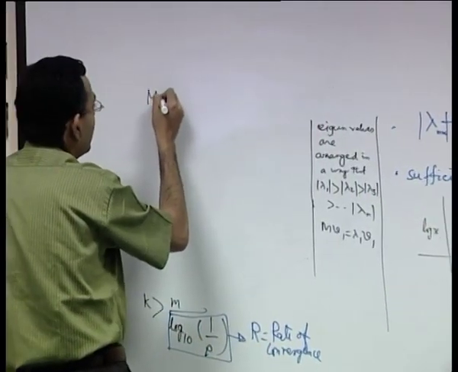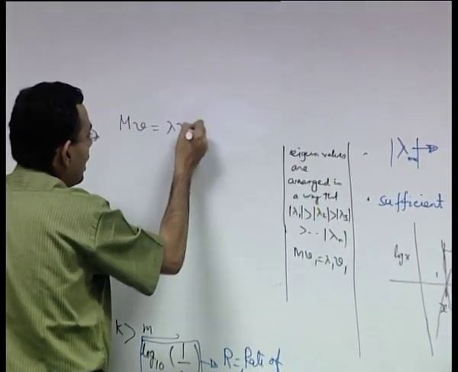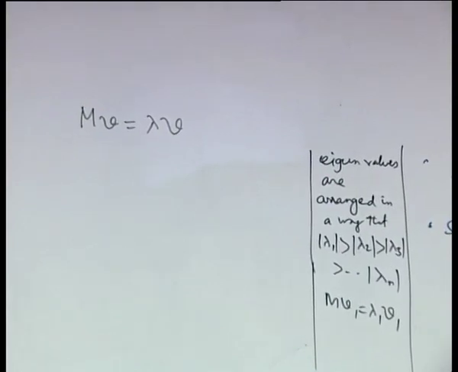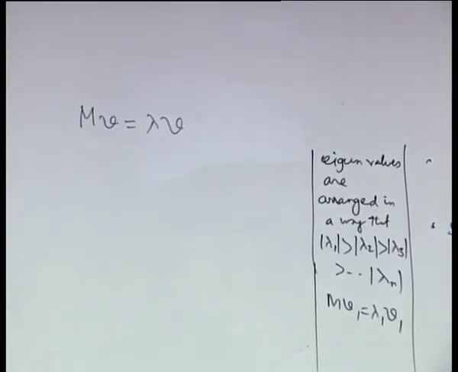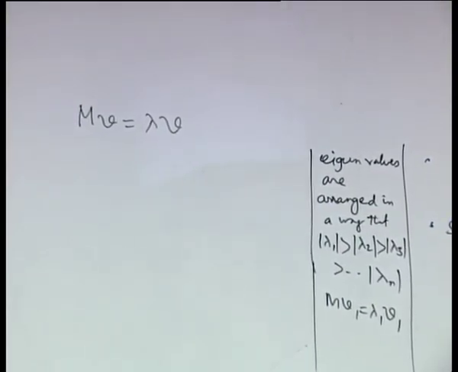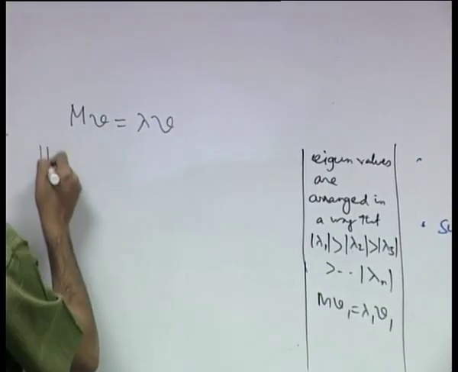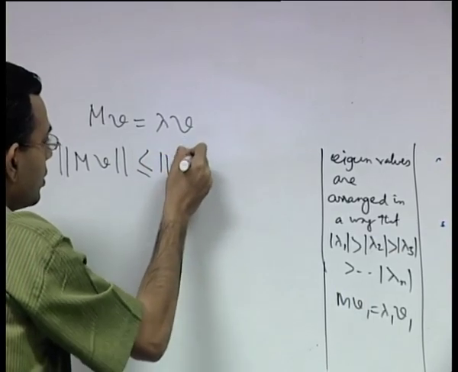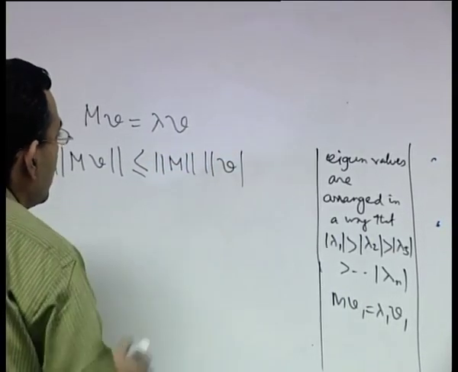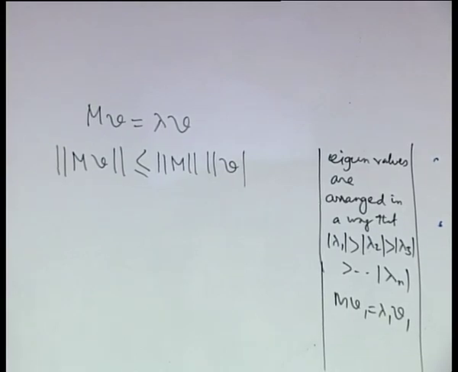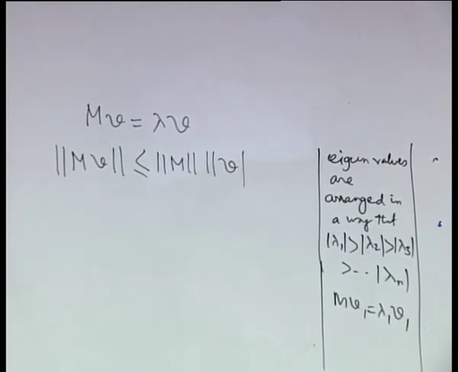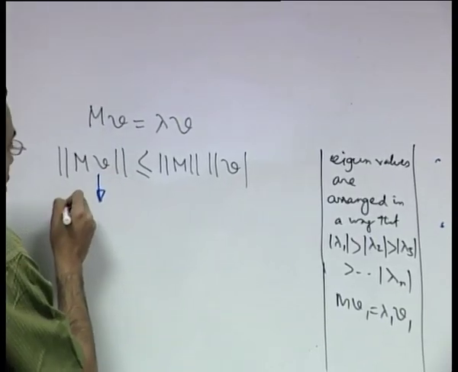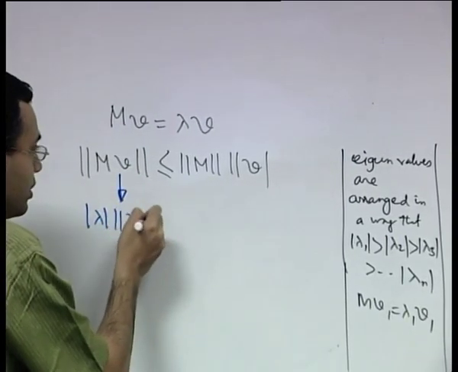So, remember that Mv is equal to lambda v, where lambda is the eigenvalue of the matrix M. Now, we know that norm of Mv is less than or equal to norm of M into norm of v, and because Mv is equal to lambda v, therefore norm of Mv is mod of lambda into norm of v.